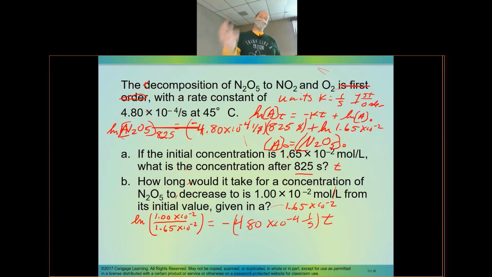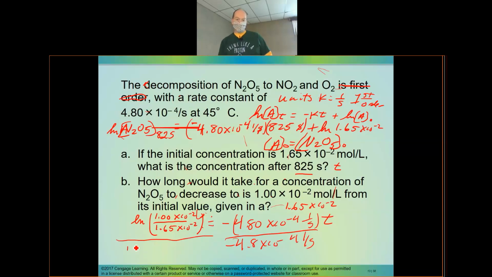Now note, since we have the units of 1 over seconds, what we're going to do to solve for this is divide both sides by negative 4.8 times 10 to the minus 4, 1 over seconds. And so when you divide by 1 over seconds, you invert and multiply. Your units are then seconds.